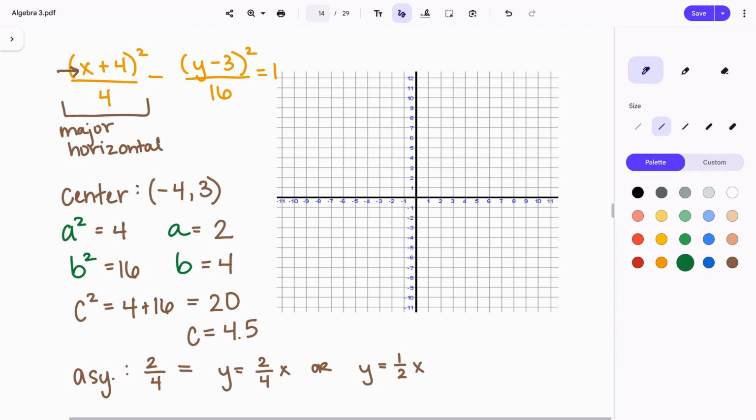So my center is still going to be at -4, 3. But this time, because the 4 is underneath the A, you have to go left and right 2. I was reading it backwards. And then the other ones would be going up and down 4.